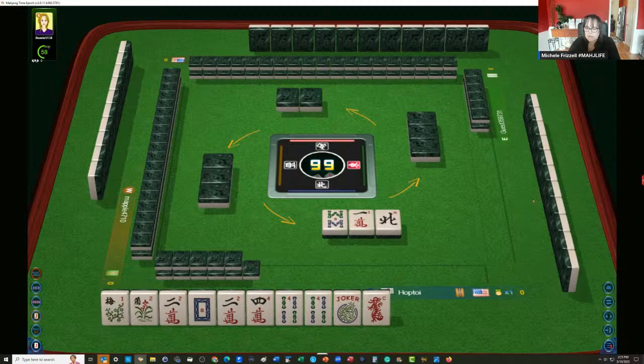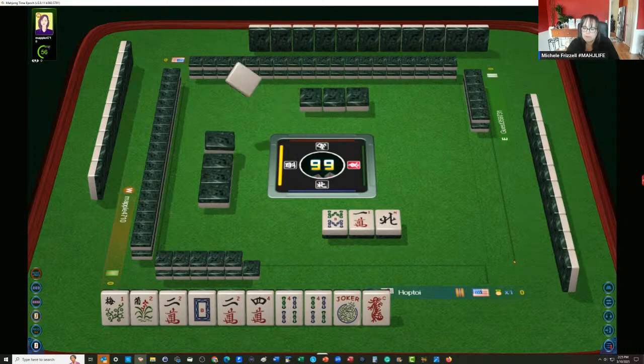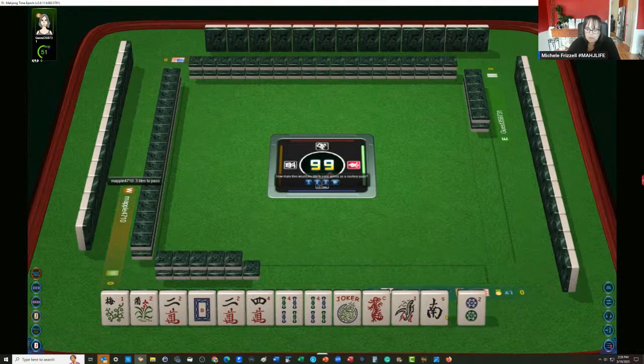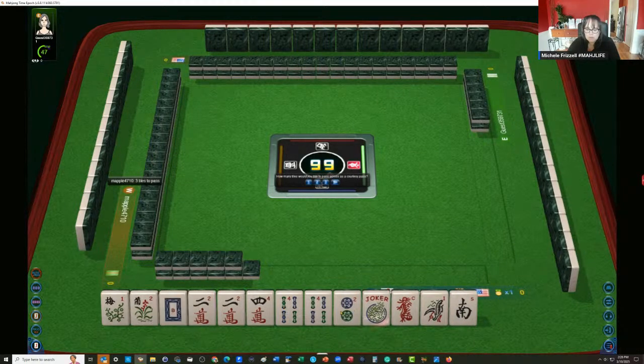There's a year block. It seems like the player on our right left the table. Okay, we did get another 2. So we have 3 tiles we can pass. We have year fodder, but we don't need to pick a hand yet.